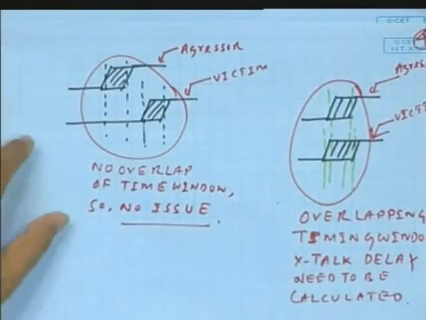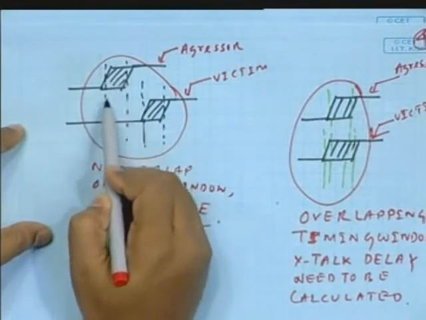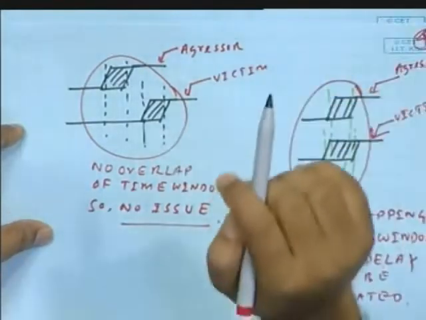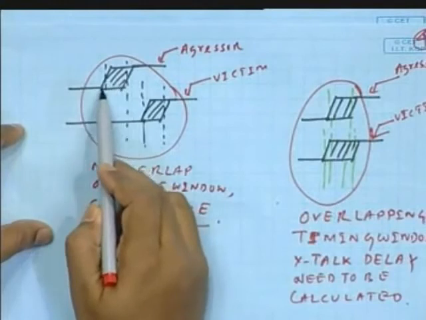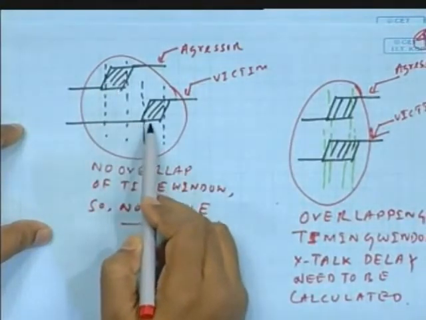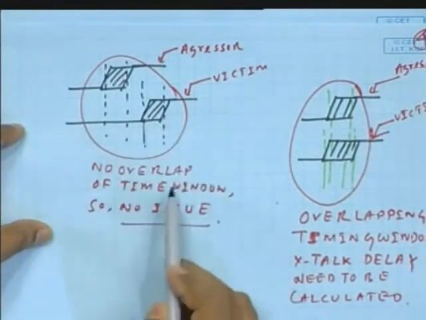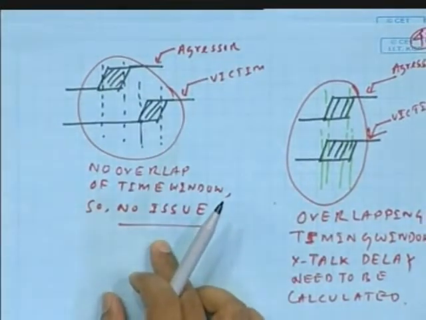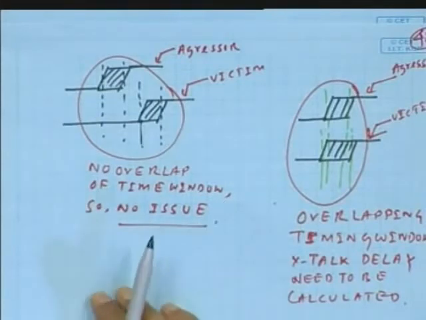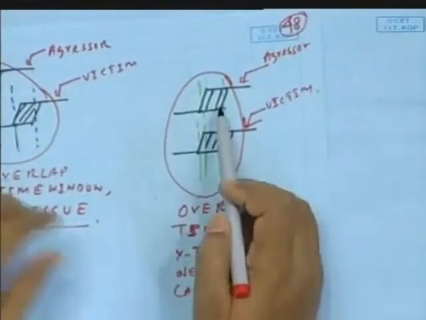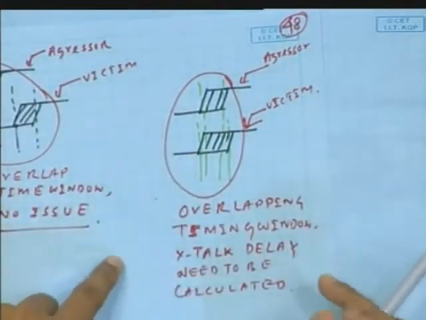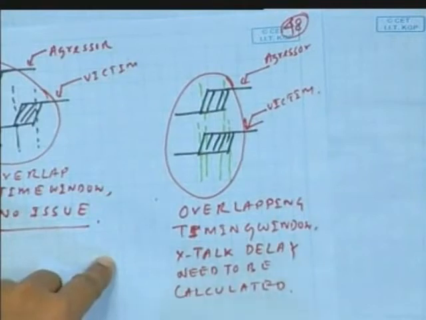This is the timing window of the aggressor, and this is the timing window of the victim. It means the signals can propagate to that particular point within this window or this window. So from your common sense, there is no overlap of time window, so no issue at all. Will there be any interaction? No. Right. Now, if aggressor and victim have an overlap in the timing window, then crosstalk delay needs to be calculated.